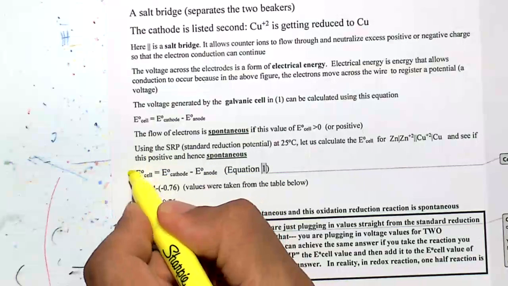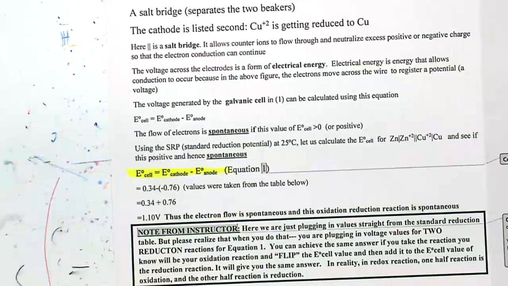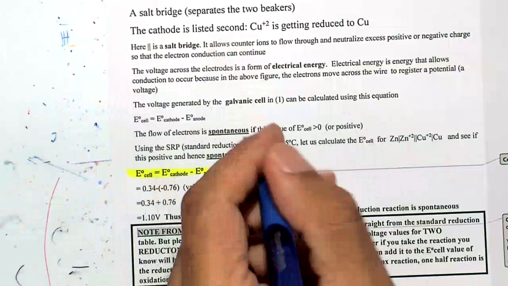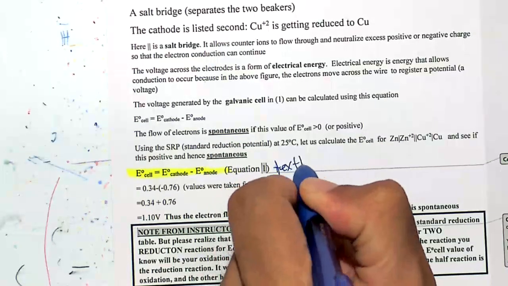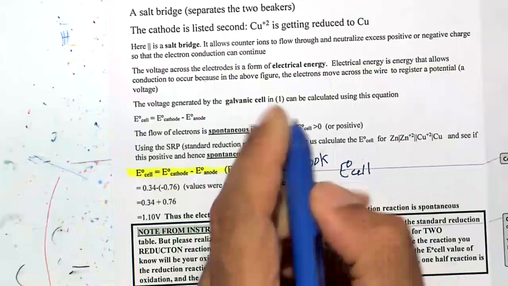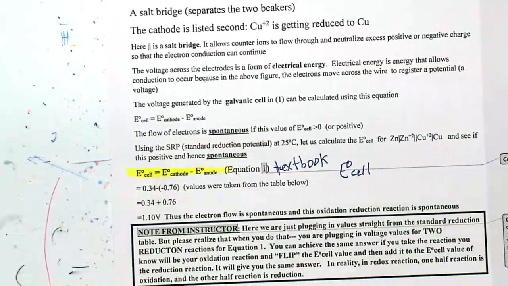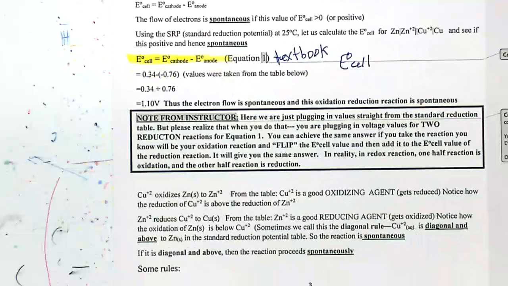The textbook has a different way of instruction. I'm telling you to flip; the textbook doesn't tell you to flip. If you want to look at the textbook or the OpenStax book, they have their own way of getting the E cell. So either you can use the textbook or what I'm teaching you now. And a little bit about the diagonal rule. Again, pick one.